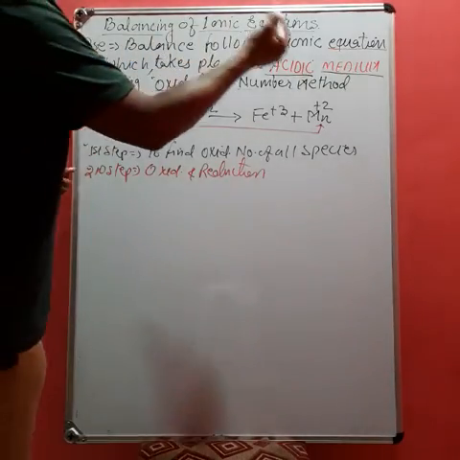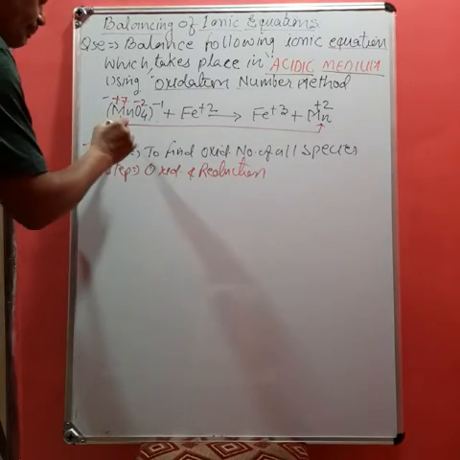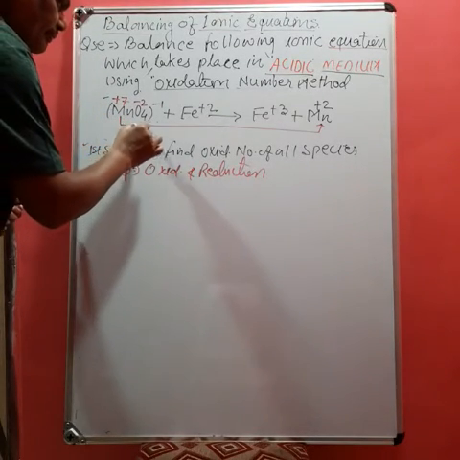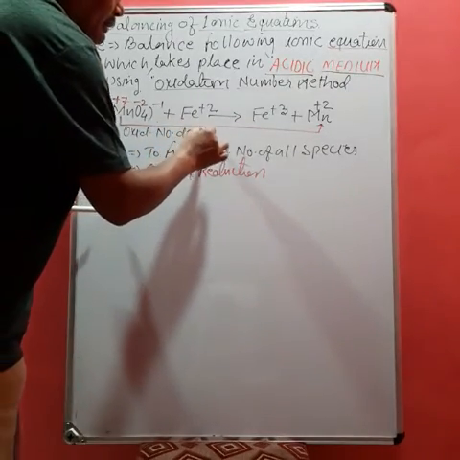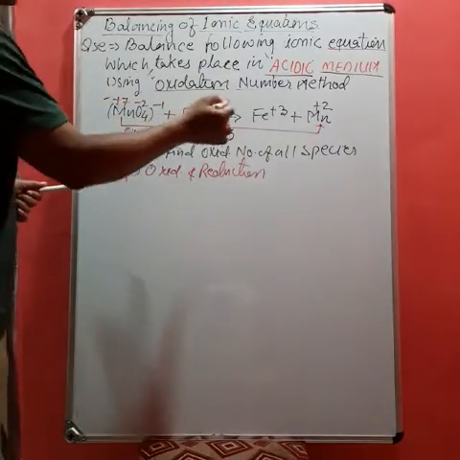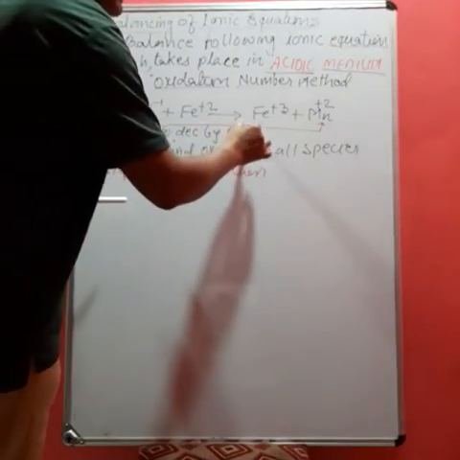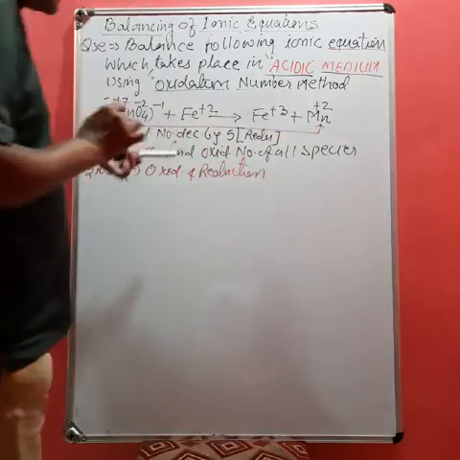The +7 state is getting converted into +2. So we will write: oxidation number decreases by 5, from +7 to +2. Being a decrease, this process is known as reduction.